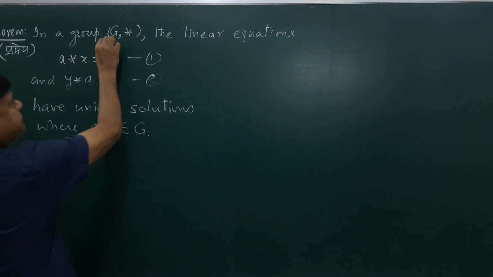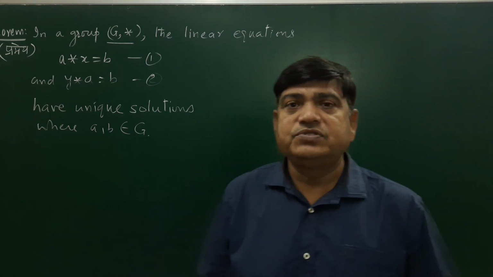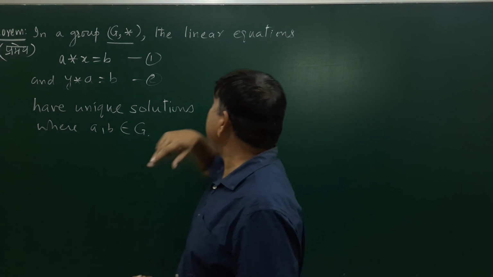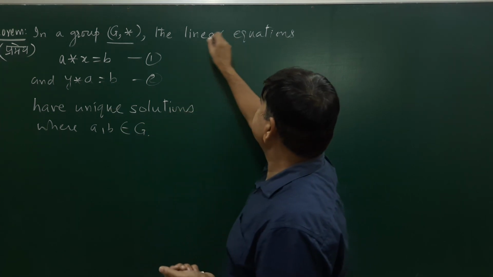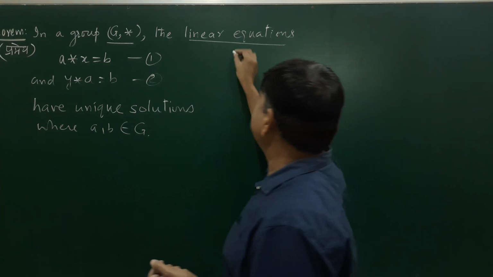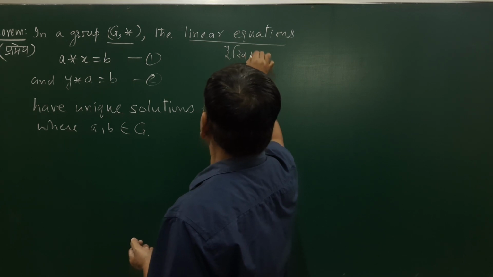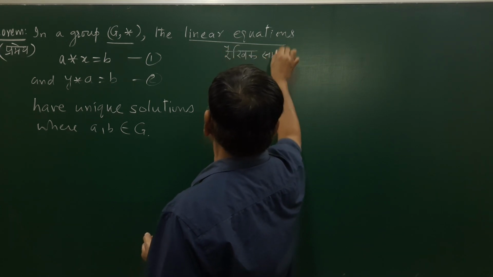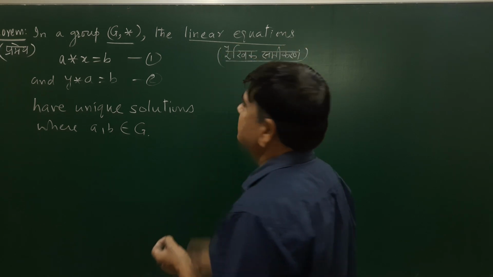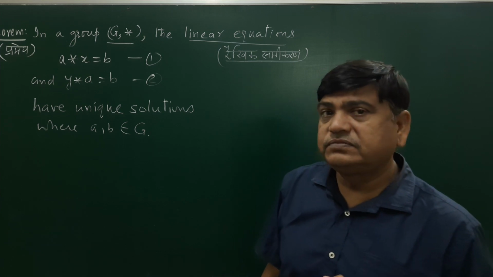In a group G, so G is a non-empty set, and star is a binary composition as usual. The linear equation, रेखिक समीकरण हिंदी में, the power of the variable, that is x, y, z, must be 1.